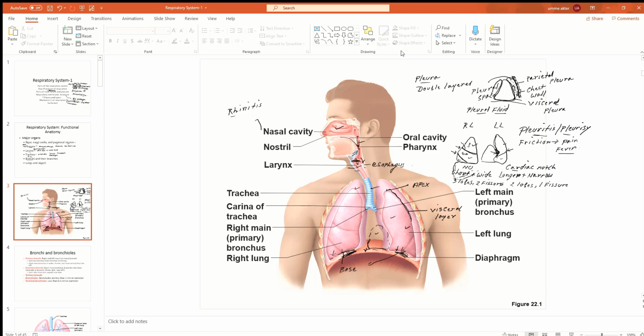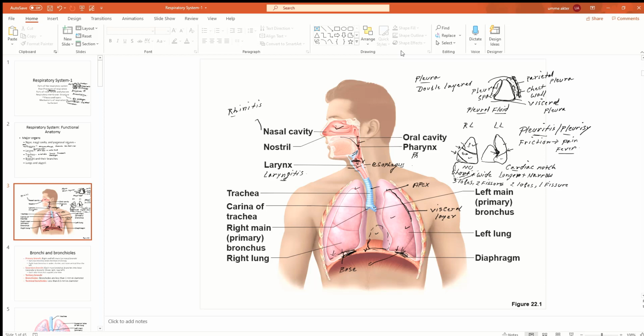Laryngitis, you all have heard it, is inflammation of the larynx. In this case, since the voice box is the larynx, the person's voice will change, will become husky. You have probably seen a patient of laryngitis. It's pretty common. Pharyngitis, inflammation of the pharynx.